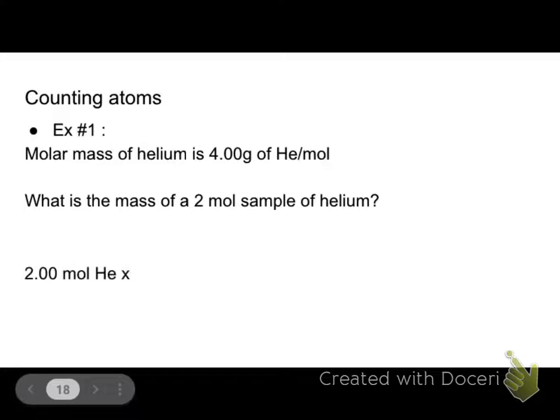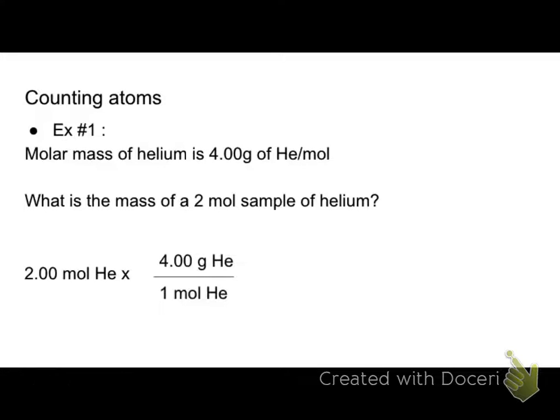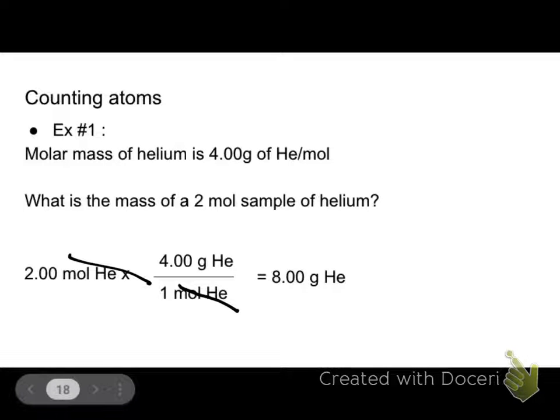I'll take my 2 moles of helium and multiply it by the molar mass of helium, so 4 grams of helium per 1 mole, and I will get this answer. Notice that I set it up so that moles are on the bottom so that they will cancel out, and I will be left at the end with grams of helium. So just like when we're converting between units of measurement, this is the same.